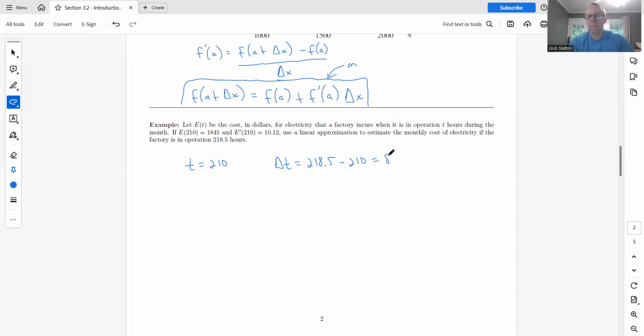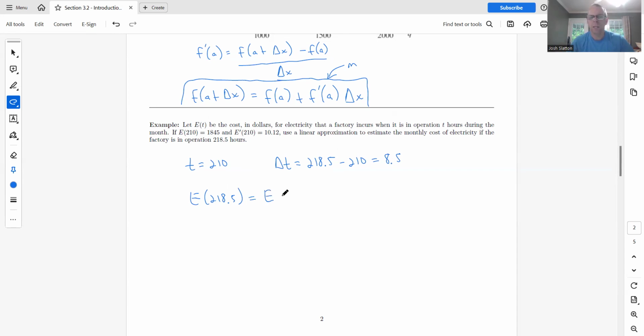That is how much t is changing. So that is 8.5. We're trying to find E of 218.5. So a is the starting point for t, 210. The delta t is 8.5. So if we have t plus delta t, that gives us the 218.5 that we want.